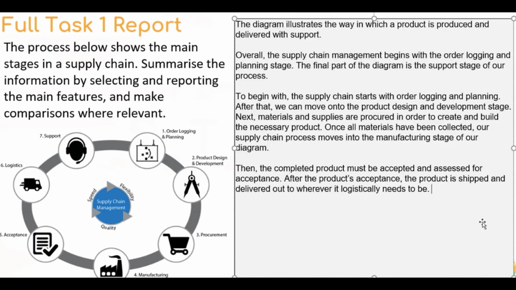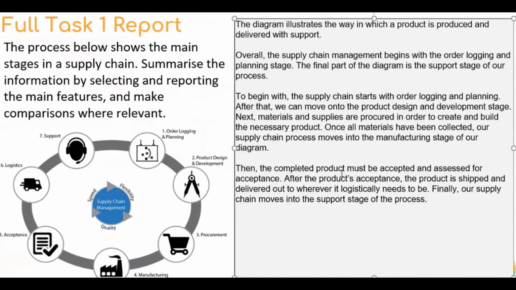So as for all these process questions, finally, our supply chain moves into the support stage of the process, and I think that's fine. So let's have a read back through that last detailed paragraph.